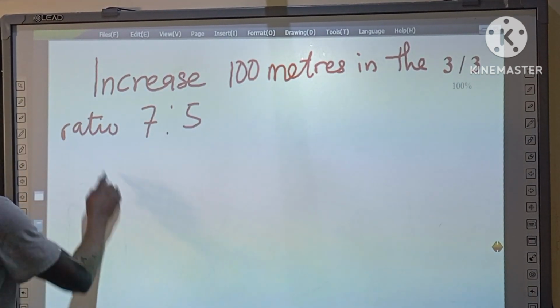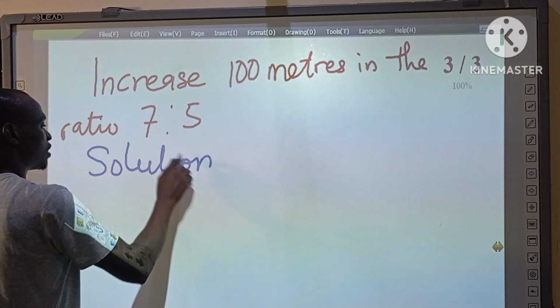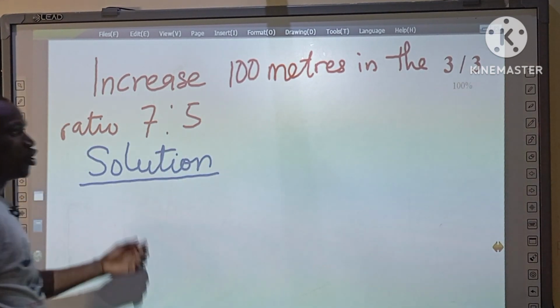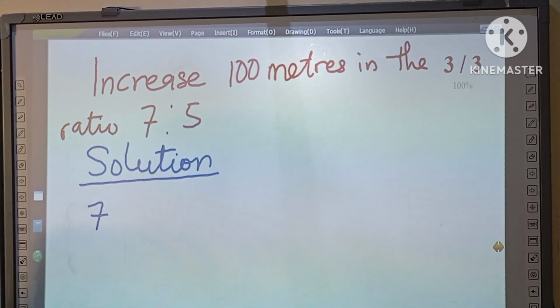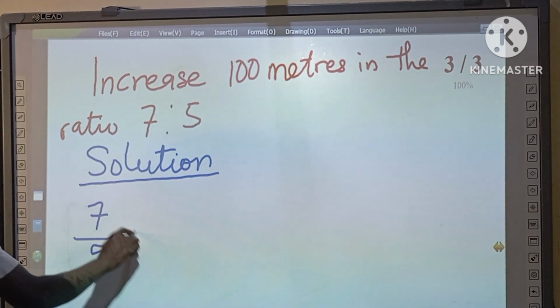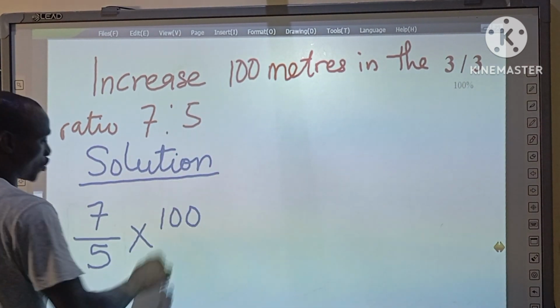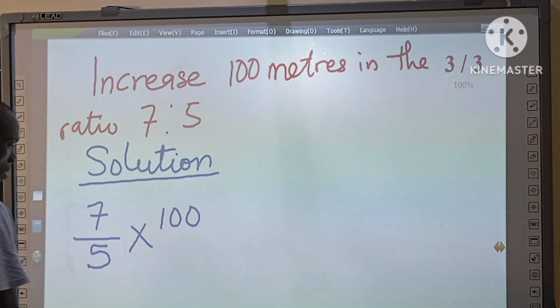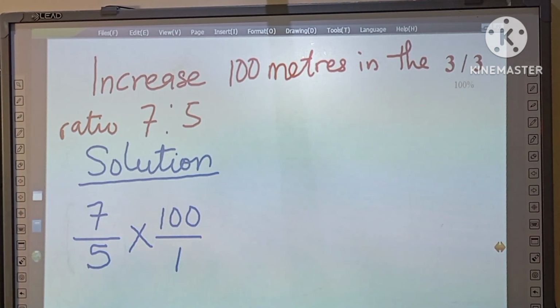As I said earlier, whenever you are increasing a given quantity by a ratio, you write the bigger ratio as your numerator and the smaller ratio as your denominator. You multiply it by the quantity you want to increase, which we have 100 meters all over 1. So with this, we are good to go.